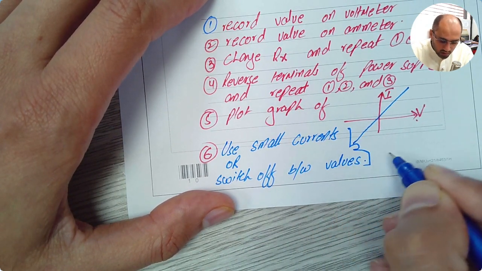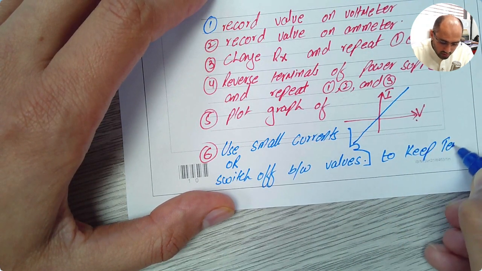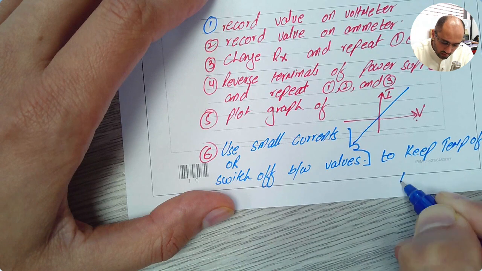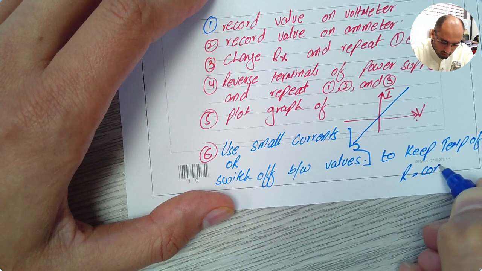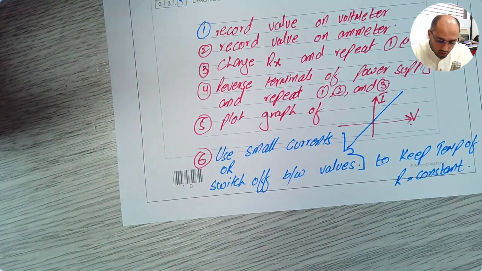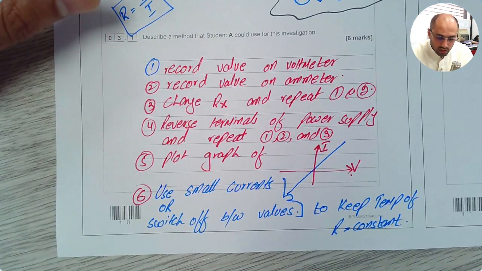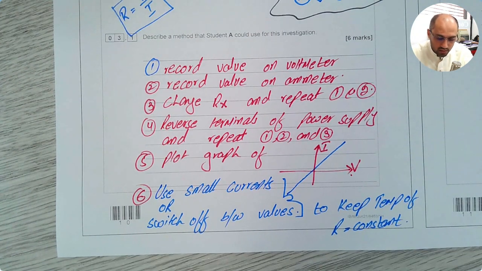These both are to keep temperature of R constant, because we know that if you use a current which is a large value, then what will happen? It will cause a heating effect, and as a result of that, the temperature of R will change.